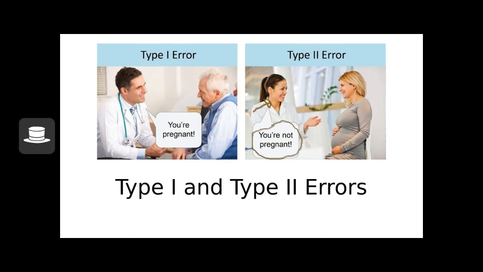If you assume that doctors could only be male, be aware of that. So the doctor says you're not pregnant, but very clearly she is pregnant. So once again, she's holding her womb. So this is a type 2 error because she said no, but she should have said you're pregnant. Any questions?